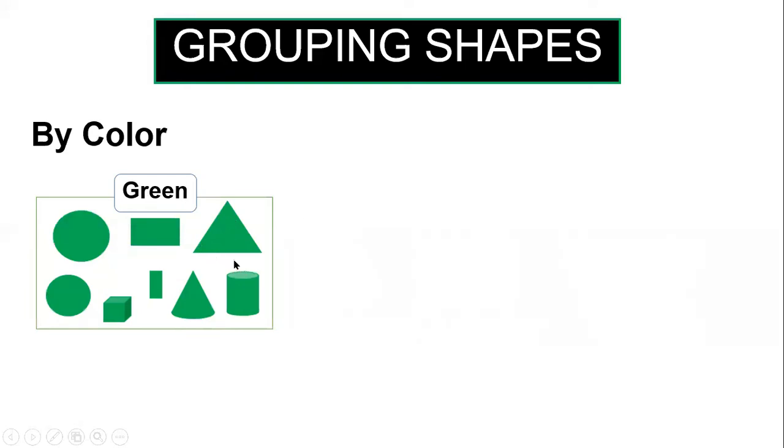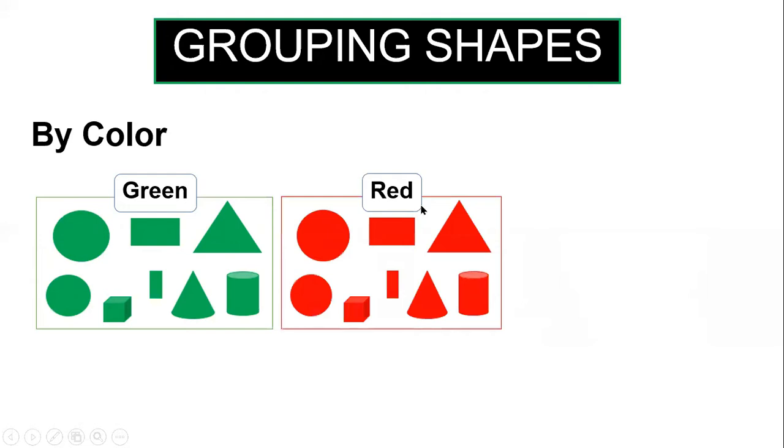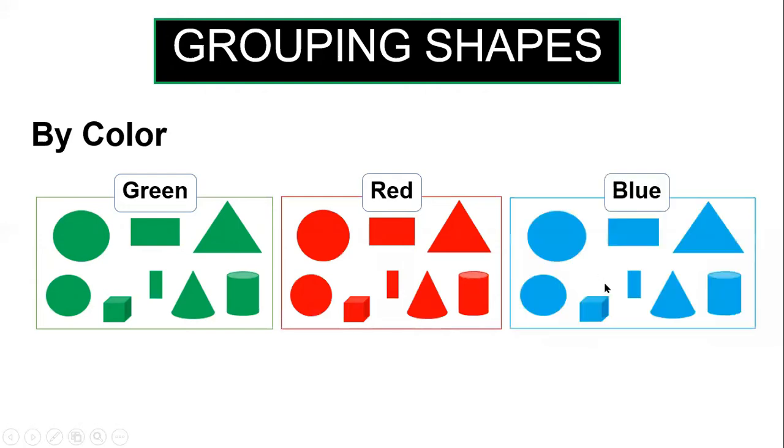So now, for instance, these ones are grouped as green shapes. These ones are grouped as red shapes. And these ones are blue shapes. So we say that these shapes are grouped by color. Okay, green, red, and blue.